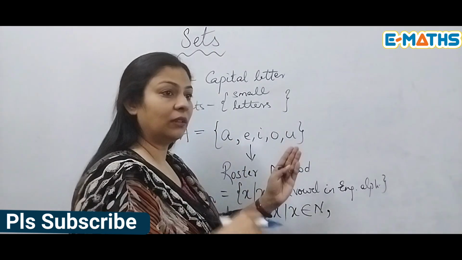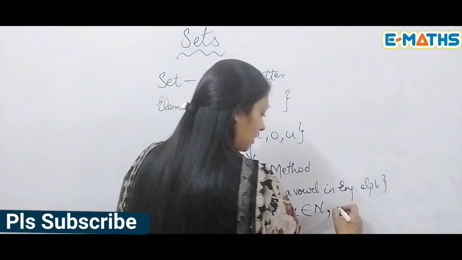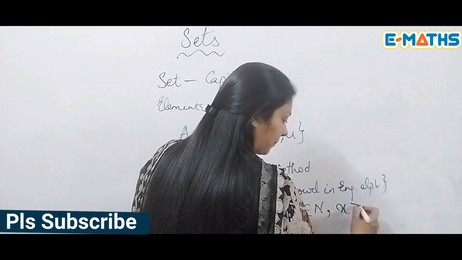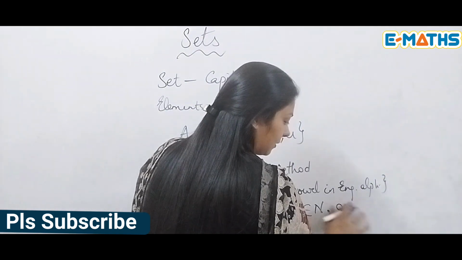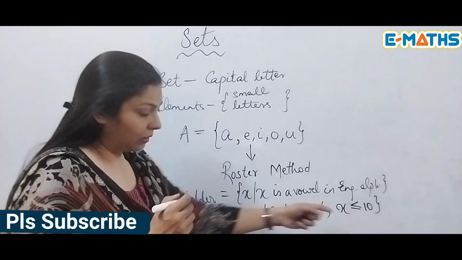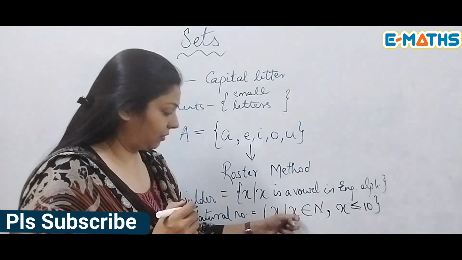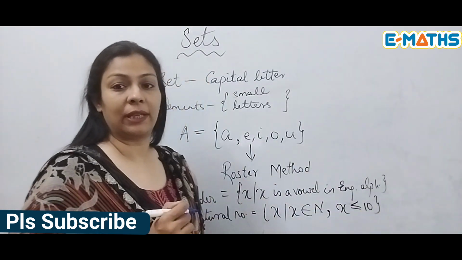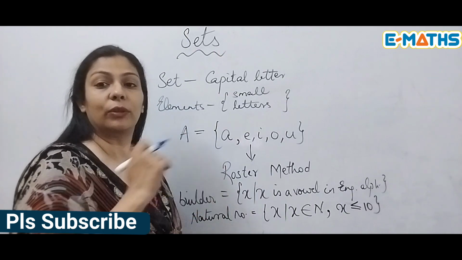Suppose it is from 1 to 10, so x is smaller than or equal to 10. That means you have to write all the natural numbers which are less than or equal to 10, so it will have numbers from 1 to 10.